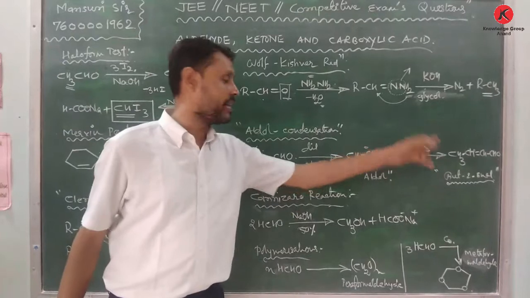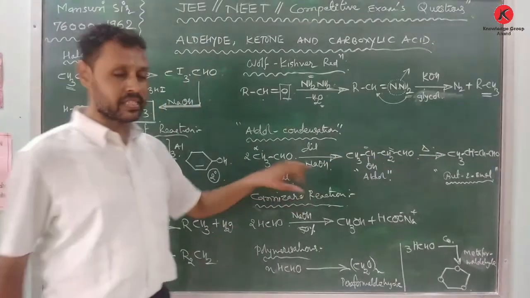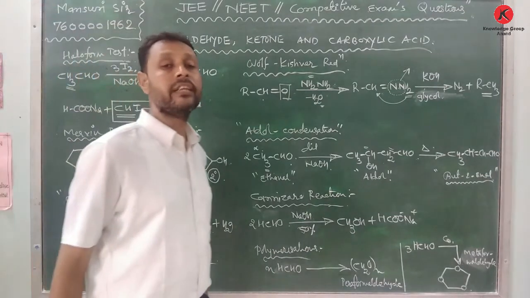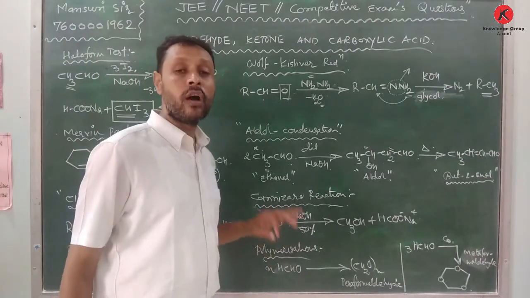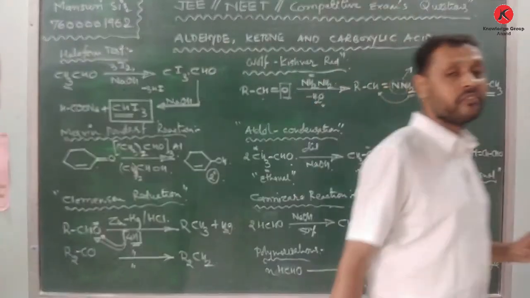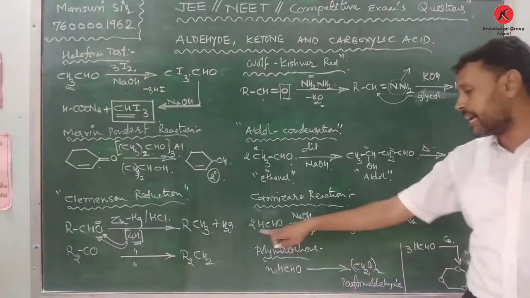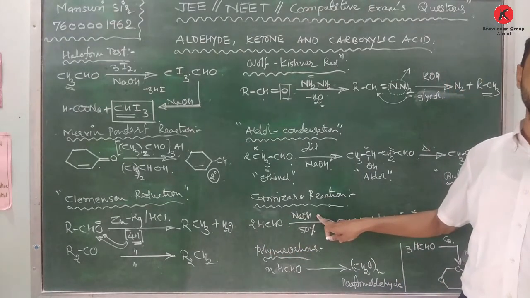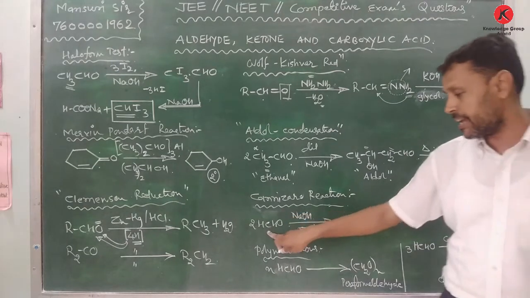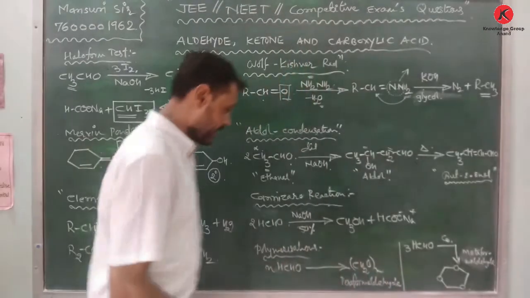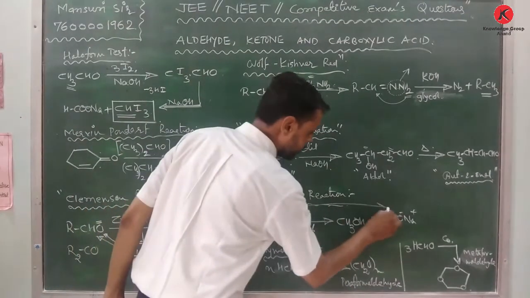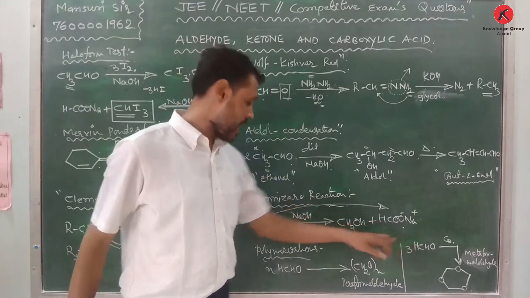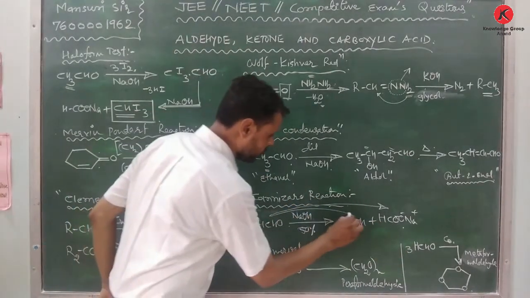This is aldol condensation. Now Cannizzaro reaction, you know very well that in Cannizzaro, the alpha carbon does not contain any hydrogen. So when alpha hydrogen is not present in any aldehyde, then 2 moles of this aldehyde react with strong base, 50% NaOH, then 1 molecule of aldehyde is converted to carboxylic acid or sodium carboxylate, and the second aldehyde will be converted to alcohol.